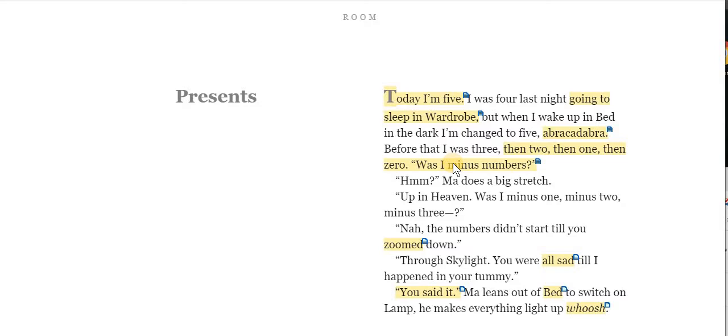Mathematically, that's perfectly logical. 1 comes before 2, 0 comes before 1, and minus 1 comes before 0. So he tests that out with Ma. "Was I minus 1?" And Ma says no. But he's exploring some quite profound mysteries of existence and of mathematics here.